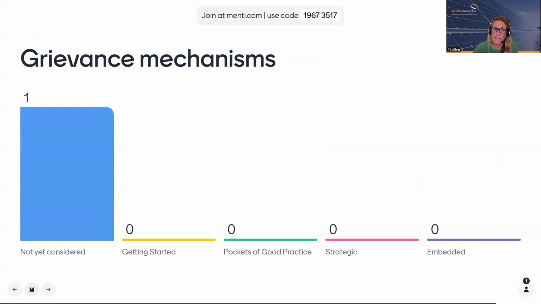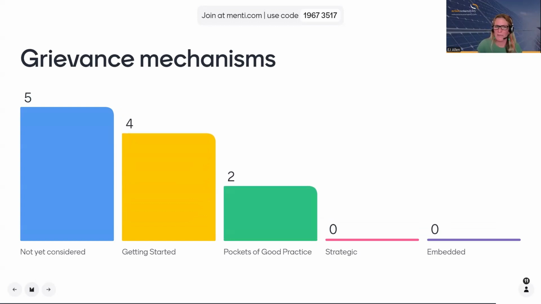At pockets of good practice, I'd say you've got mechanisms available for maybe internal and external reporting of concerns, which may include modern slavery and labour exploitation, but your investigation process that sits behind is probably more set up for things like bribery and corruption. There'd be some awareness or communication of these grievance mechanisms, but you could do a lot more.